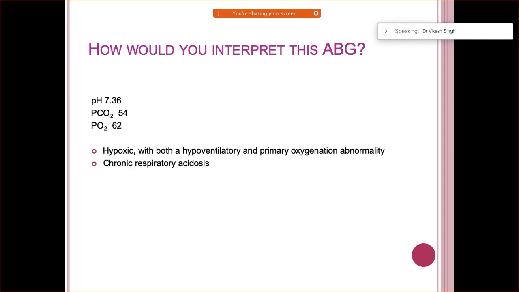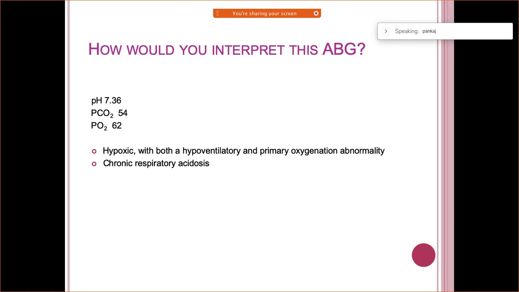So now, we were already having the other values as well. So this is definitely a chronic respiratory acidosis. Why did we say acidosis? Now you have to tell me. Since this is a chronic case, it is towards the acidotic side, pH.